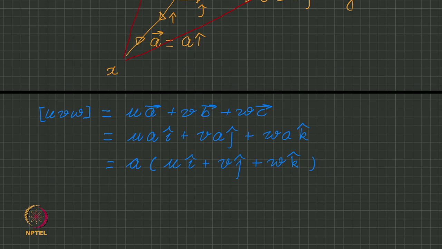So, we have used already the cubic properties, both the equality of the three lengths, that a, b and c are of equal length, and also their orthogonality, that a is parallel to i, b is parallel to j and c is parallel to k.